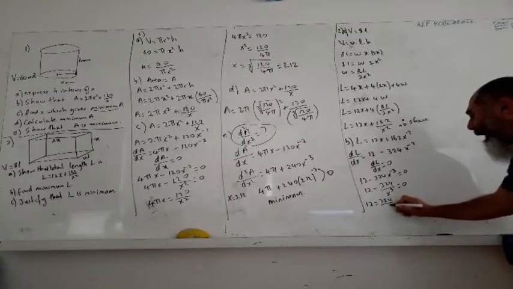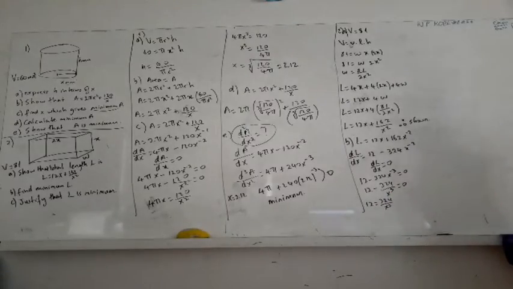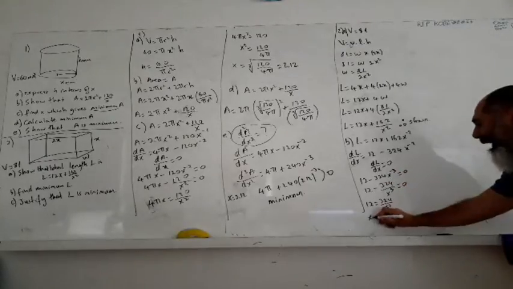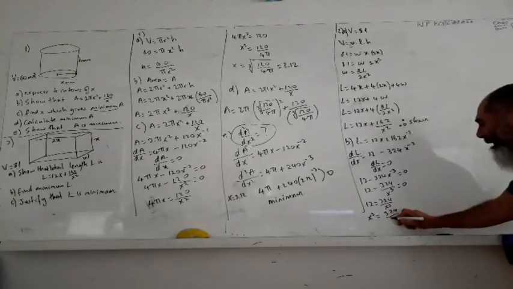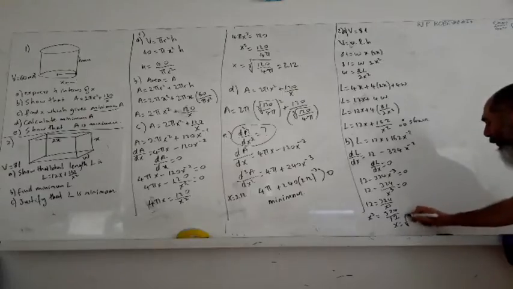I took that expression to the right hand side, changed their places. x cubed is equal to 324 over 12. x is equal to the cube root of 324 over 12.